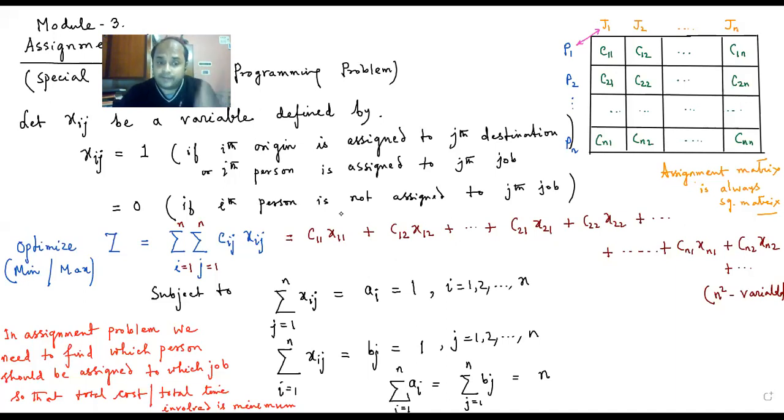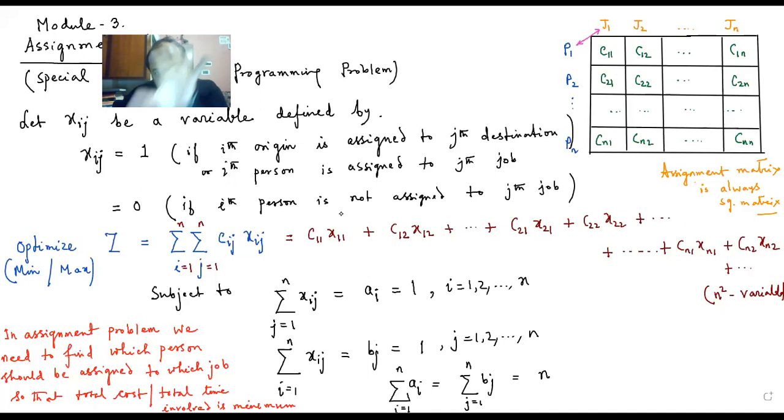So the problem may be of maximization type or minimization type, but the basic fundamental question is that we are going to assign some persons to some jobs, or some machines to some jobs, or some cities to some roads, or any sort of assignment that you may think of, so that the objective function is maximized or minimized. That is the objective of this particular problem.